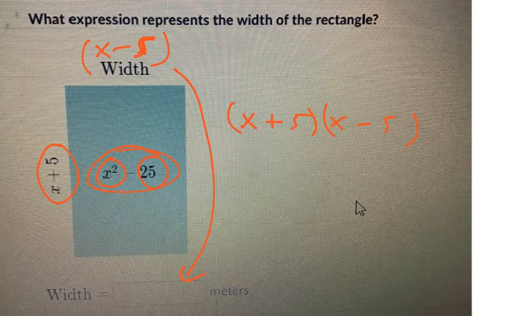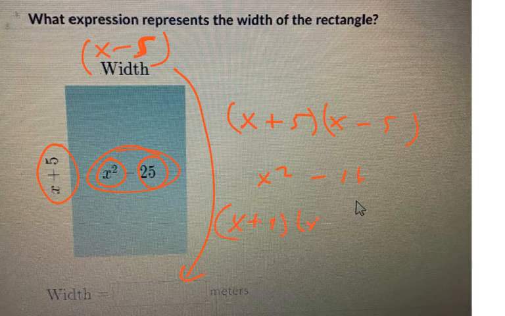That's what you're going to type in the box, and you're going to get it right. But you guys ought to know the difference of two squares. Just like if I gave you, let's say, x squared minus 16, you should know that's x plus 4 and x minus 4.